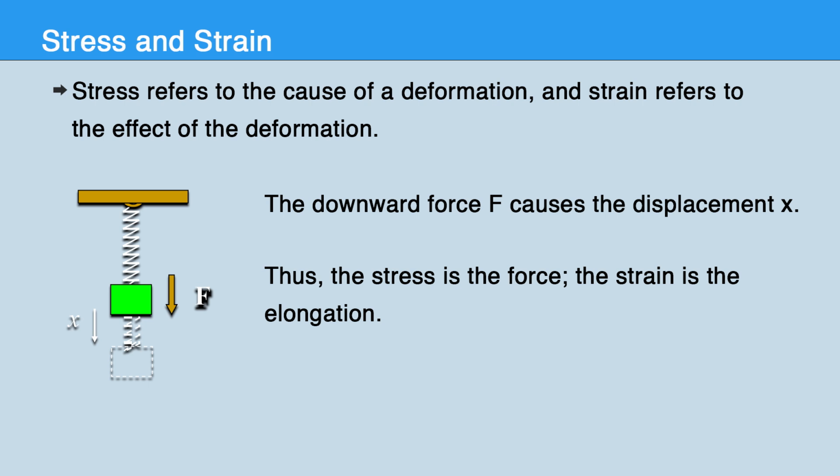Stress is given by the formula sigma is equal to F upon A, where sigma is the stress applied, F is the force applied and A is the area of force application. The unit of stress is Newton per meter square.